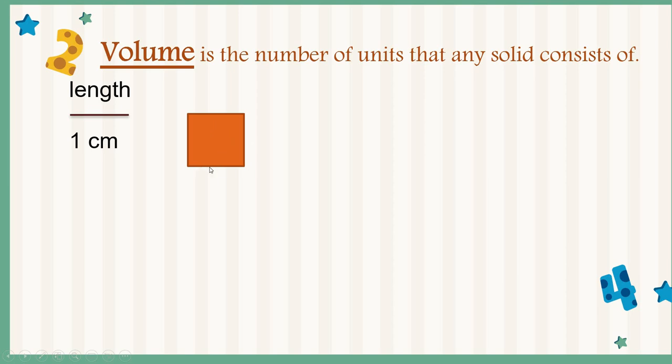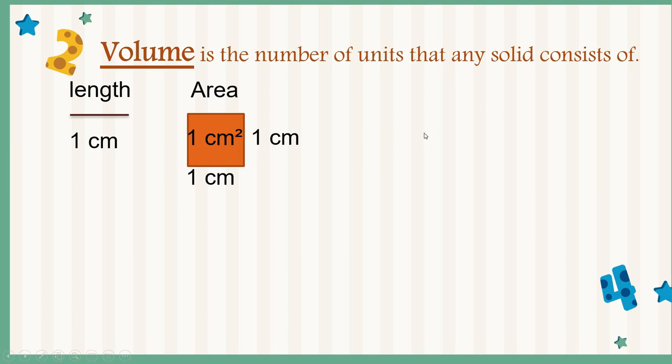If the side length of the square is 1 centimeter by 1 centimeter, the small area here will be 1 centimeter square, and we can write it as 1 cm squared, and we can use this small square to measure any area for any two-dimensional shape we want.